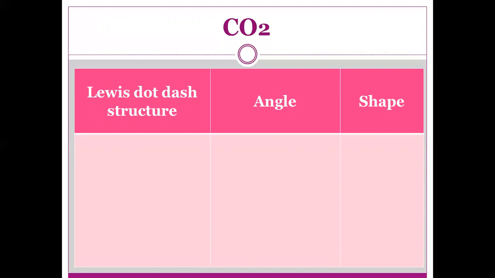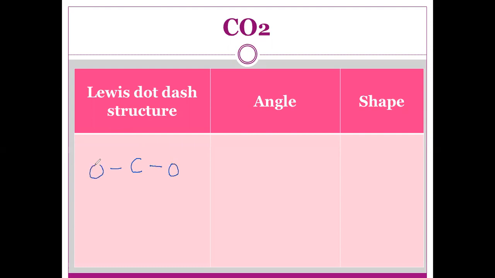So let's try. Give me a second. Let's use the annotation. Yes, good. When you speak about carbon dioxide, you should understand the central atom. The central atom is carbon and these oxygens are bonded here.